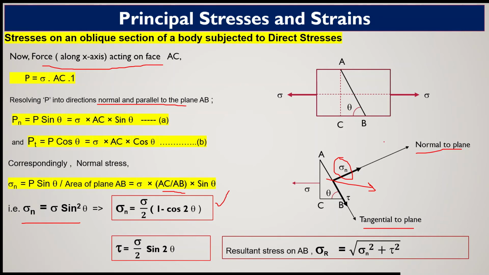So when the plane makes an angle theta with the direction of the direct stress, we have to find these two stresses and correspondingly calculate the resultant stress.